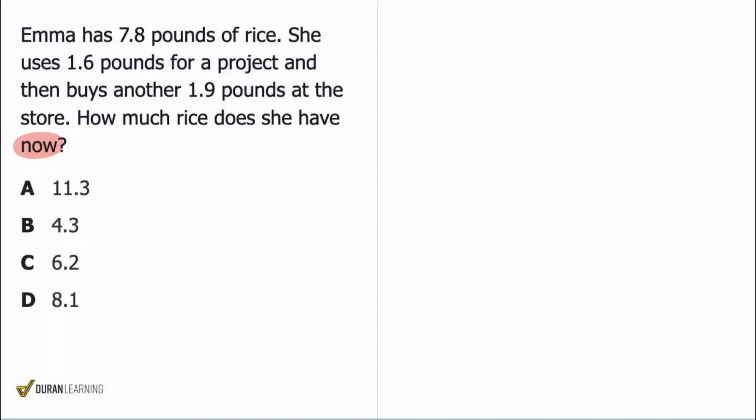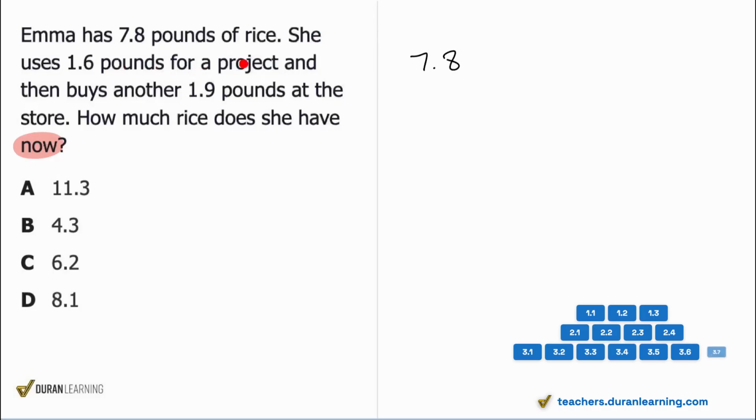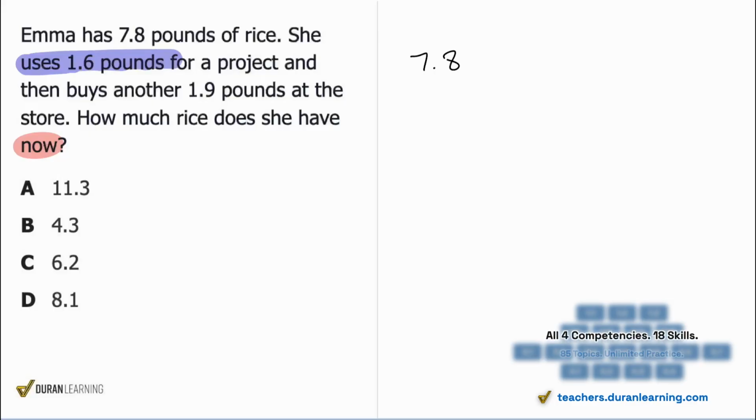Yeah, I think so. So with that, let's go ahead and trace the story. Emma has 7.8 pounds of rice. So that's our starting point. And then it says she uses 1.6 pounds for a project. Let me stop right there and highlight that. Everybody, quick question.